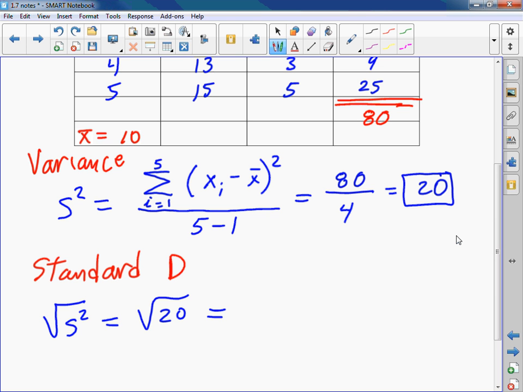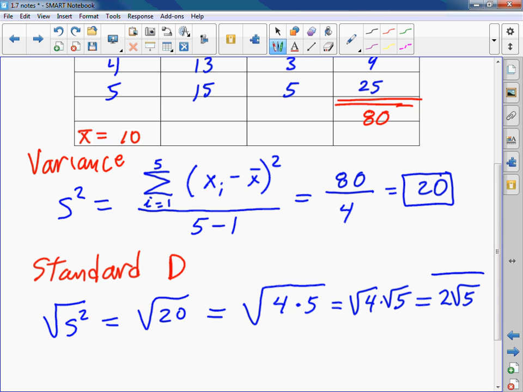I said with a radical simplification, what do you got? Oh, there we go. It's the square root of 4 times 5, very good, equals the square root of 4 times the square root of 5 equals 2 root 5.